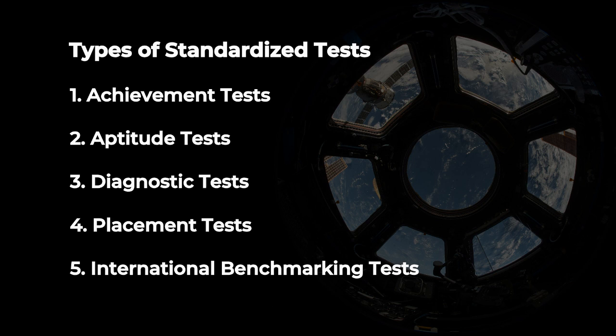Types of standardized tests. We will arrange them in this manner: type, purpose, and examples. 1. Achievement tests. Measure mastery of curriculum content. WAEC, NECO, SAT. 2. Aptitude tests. Predict future performance or ability. IQ tests, GRE. 3.